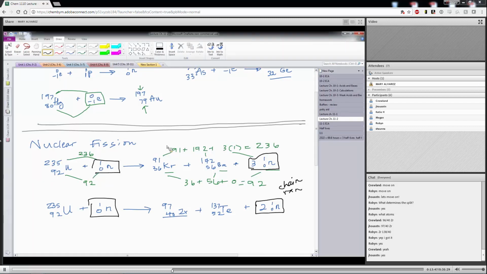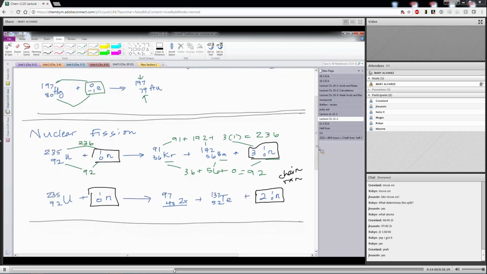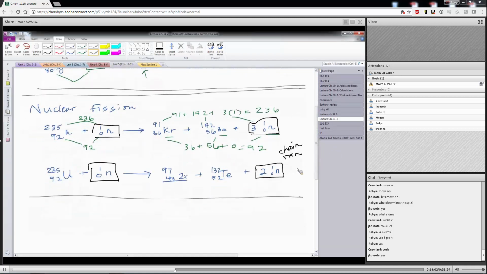So that's why we've got this danger of a nuclear meltdown. It's because the products then feed the initial reaction and it just gets hotter and hotter, and might exceed our capacity to hold and contain that reaction. So that's nuclear fission.